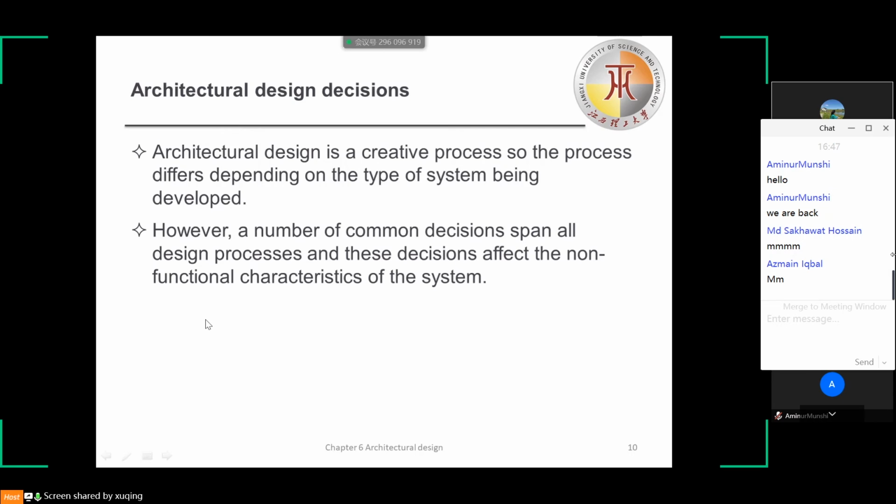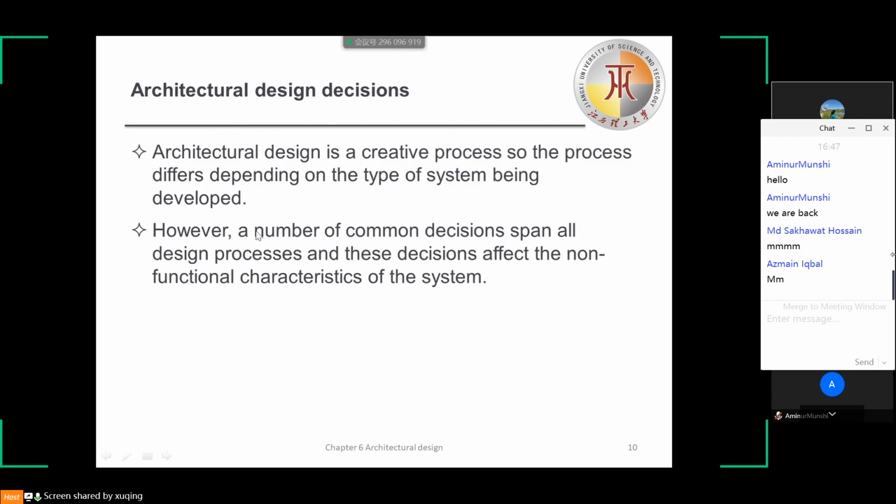Here, we have talked about the architectural design, where we can design our system organization. And normally we need to satisfy the functional and non-functional requirements of a system. As it is a creative process, the activities within the process depend on the type of system being developed.